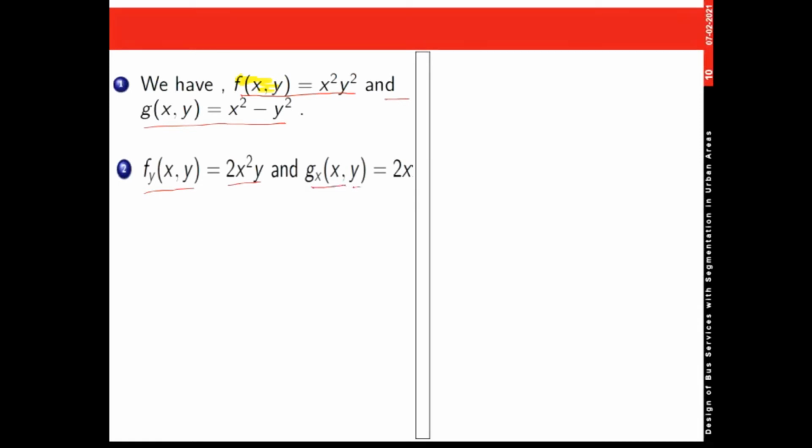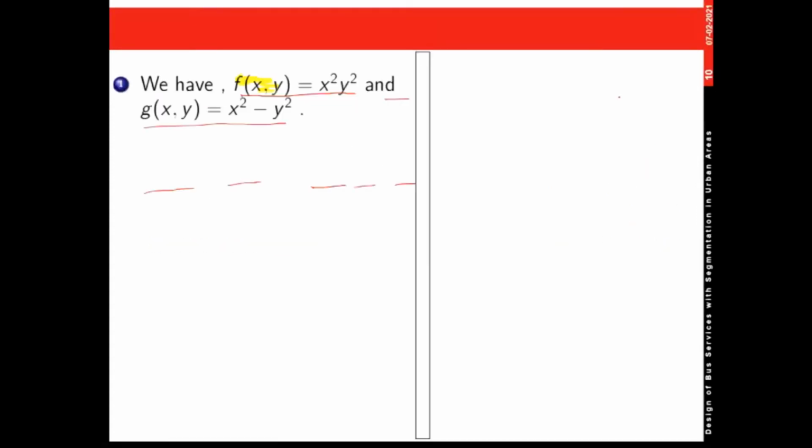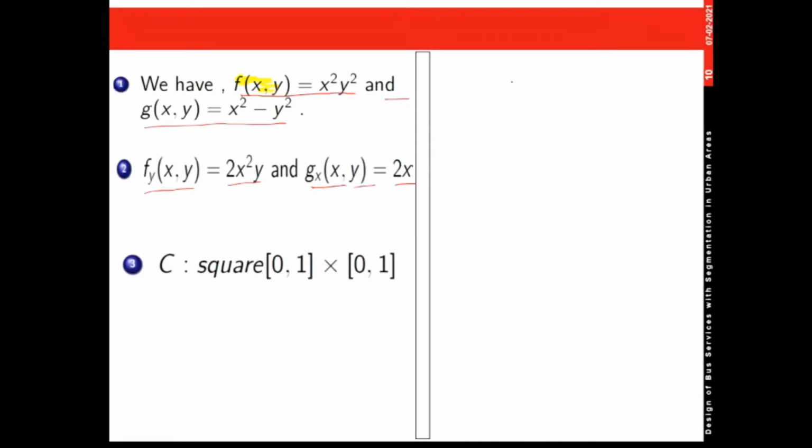Now look at me here. So our curve is a square, right? The curve is a square. So this is a simple closed curve, and this is our region of integration R.